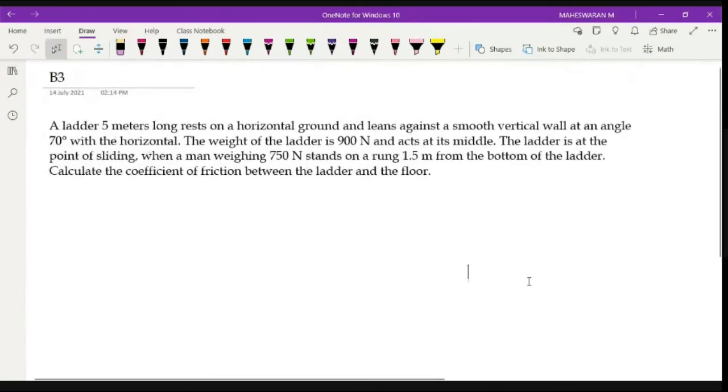Ladder friction is similar to a moment equilibrium state. When I say it is an equilibrium state, we put sigma Fx equal to 0, sigma Fy equal to 0, and the moment at any point equal to 0. Ladder friction is based on that.